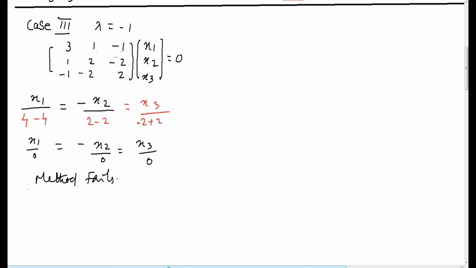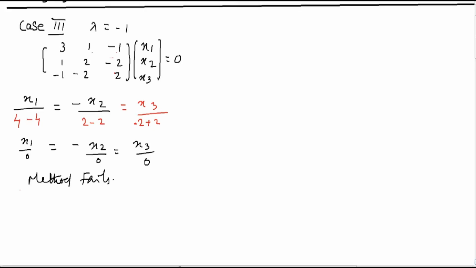Therefore, we have to take a pair of rows which are not identical. So, in this case, we take row 1 and row 2. Instead of x1 by minor of a11, we take x1 by minor of a31.